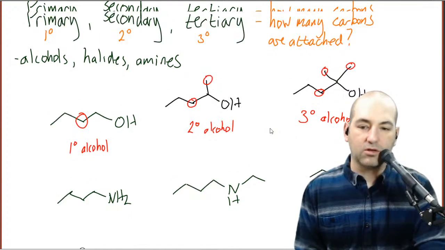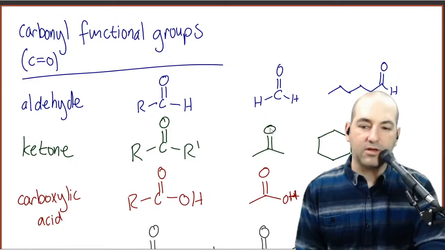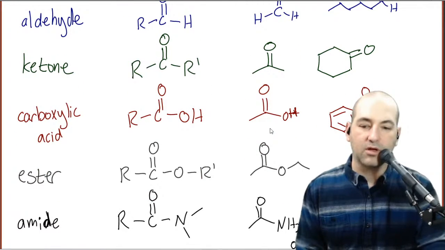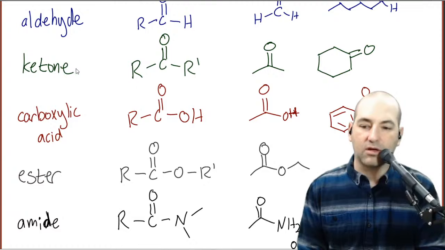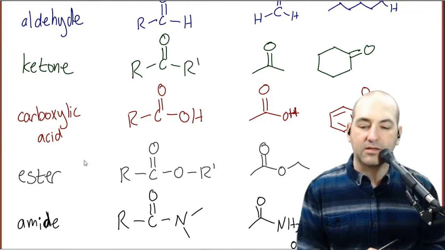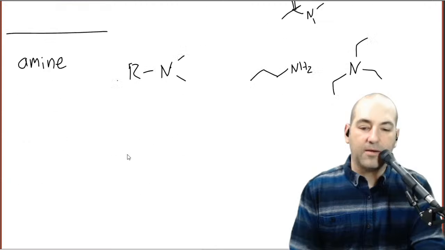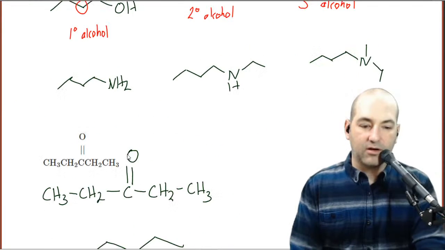We're going to look at some of these carbonyl functional groups. So the ketones, the carboxylic acids, esters, amides, aldehydes. We're actually going to focus just on these last three, the carboxylic acids, the esters, and the amides. And we're going to look at one class of their reactions.